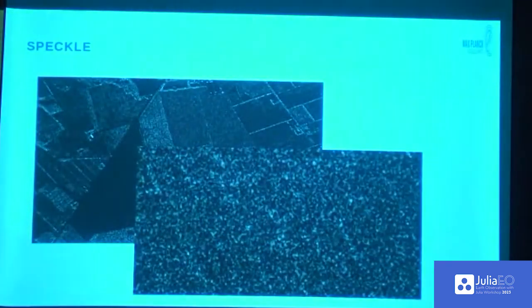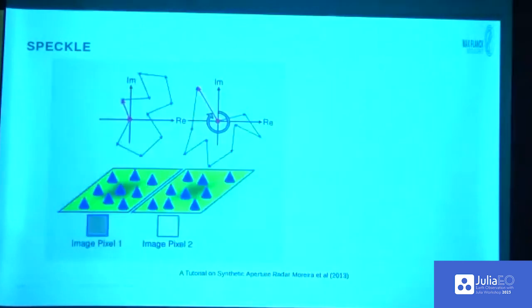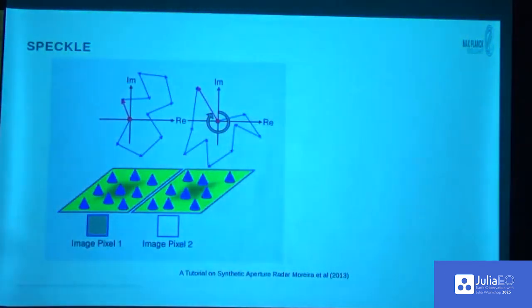So this is how this looks if you zoom in. It's in one agricultural field where the surface is actually the same, but you can have random effects from the phase, which then induce this. And the reason is that you send down your signal, and then the signal interacts with the scatterers, and because you have a much larger area than your wavelengths.